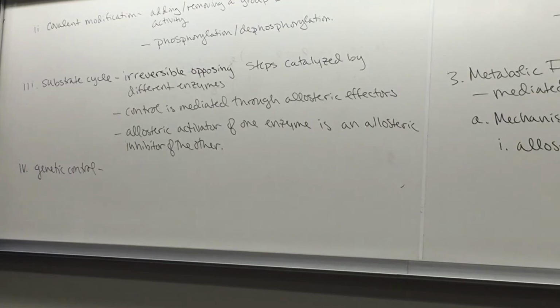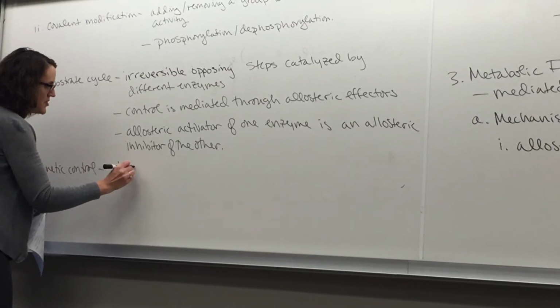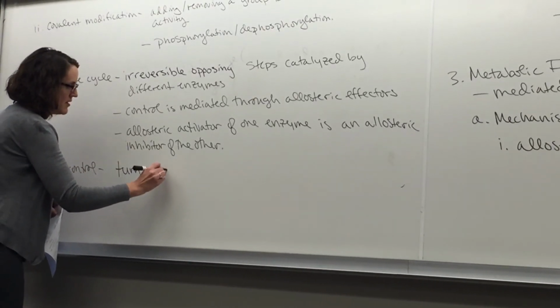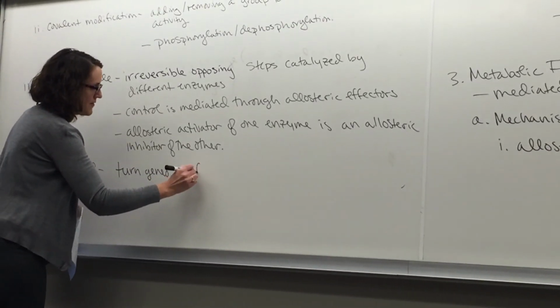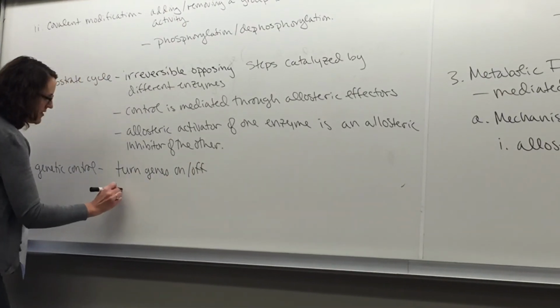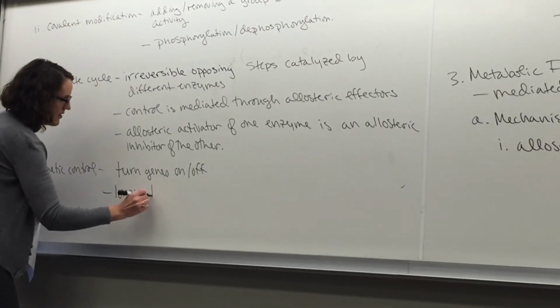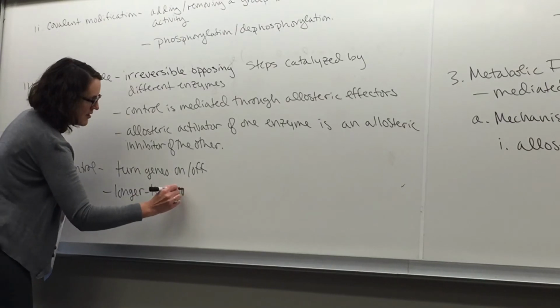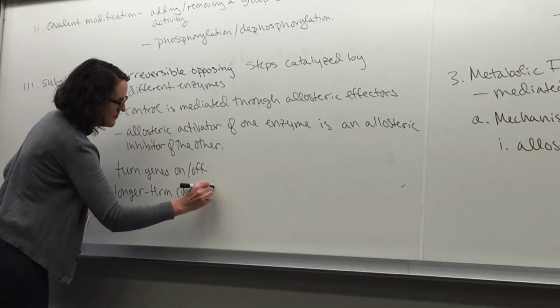Another means by which we can control metabolic flux is through genetic control. So turn genes on or off. This is a longer term control mechanism.